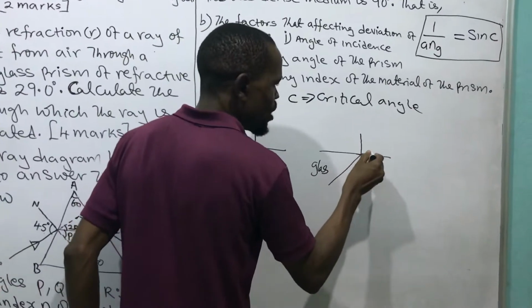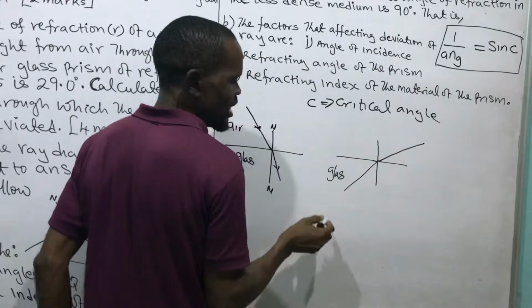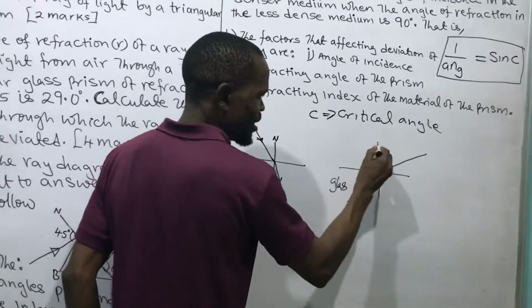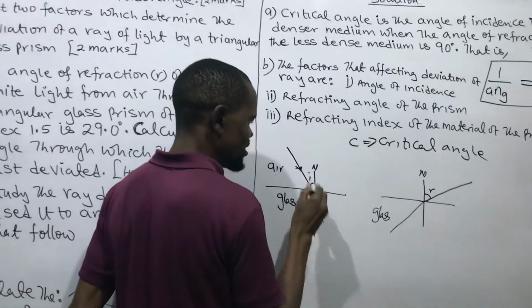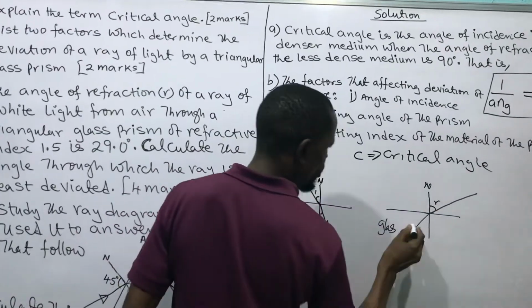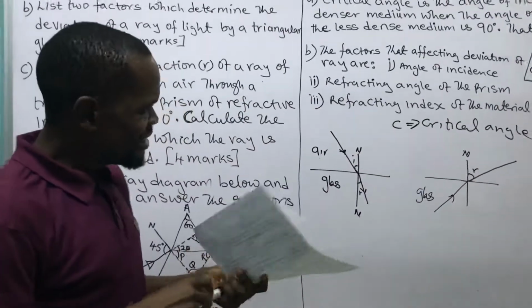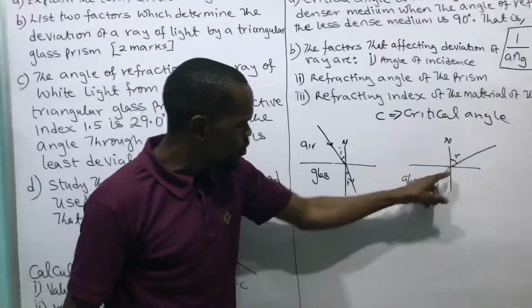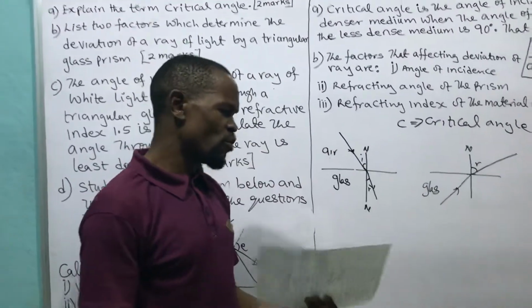You will see that the ray will move away from the normal, and this is my angle of incidence, this is my angle of refraction. It will move away from the normal because it will run faster. So you now see that this incident angle affects the deviation of the ray.